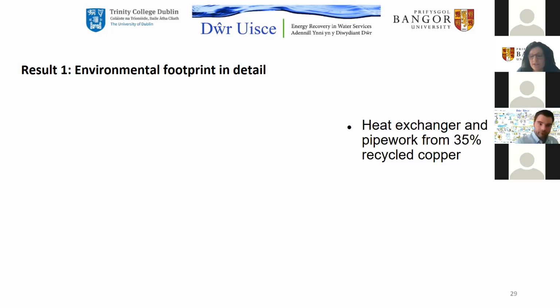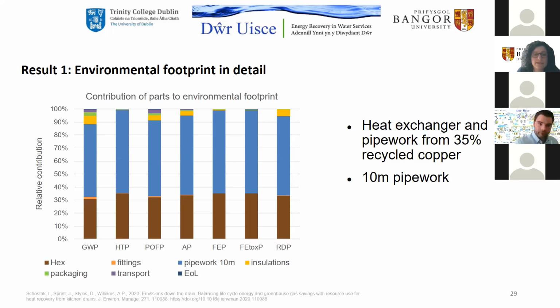And this configuration was also used in Penryn Castle in configuration 1, so the simplest of the 3 configurations and the most useful one. And we had also there 10 meters of pipework.